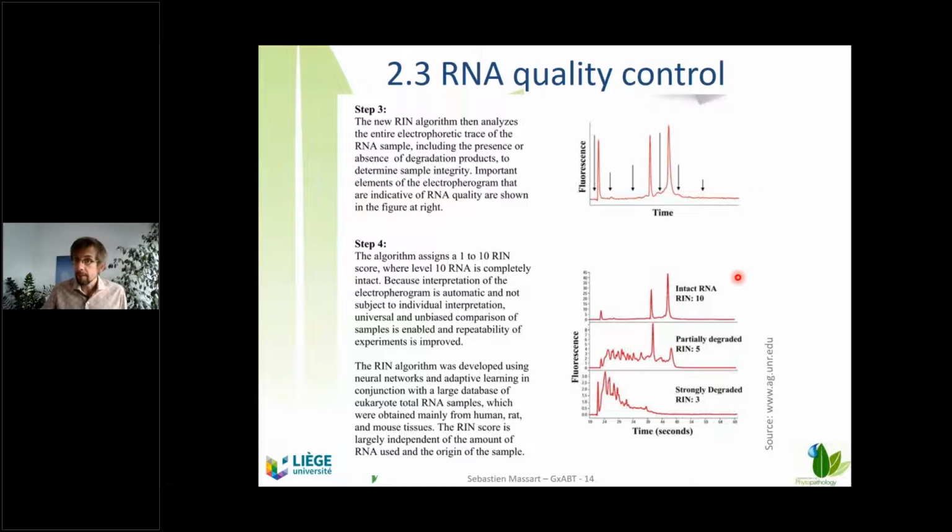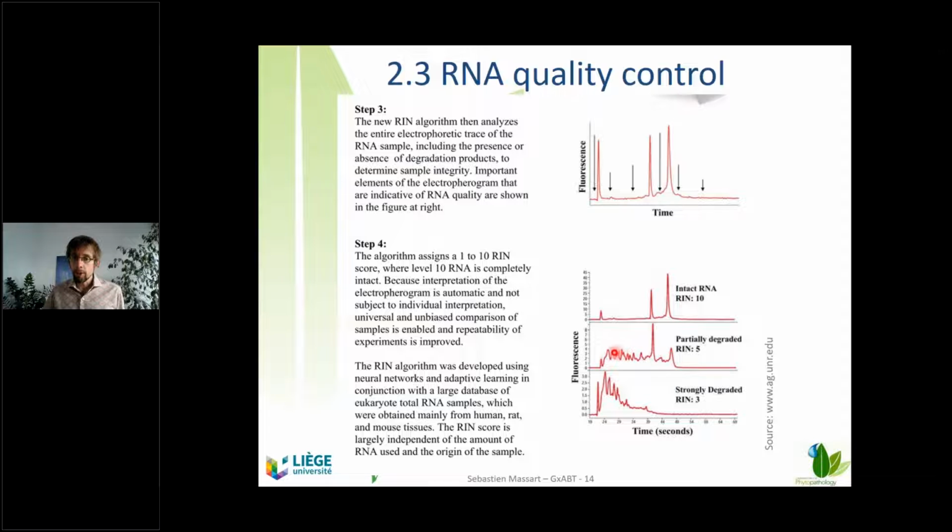The best RNA that you may have is this one, intact RNA, 2 nice peaks, nothing else. That's the perfect one. The second one is a partially degraded sample. You see the peak of the ribosomal RNA is much smaller. With the long subunit, it's still very, very small.